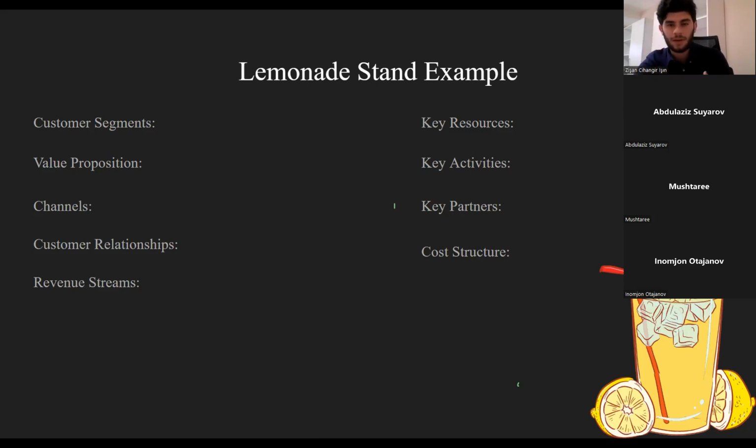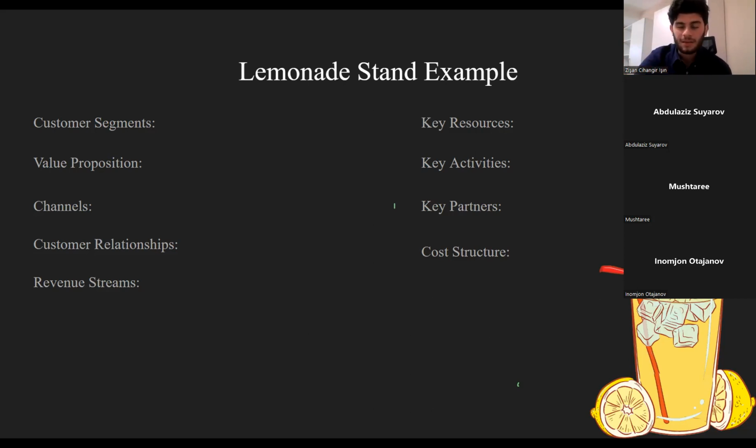I can't think of anything else you would need right now. If you want to create a place where people could sit down and drink lemonade, you're going to need desks, chairs, and other stuff like that. These are the key resources to create lemonade, sell lemonade and receive the money for the lemonade.